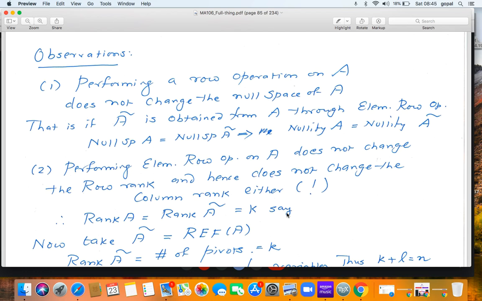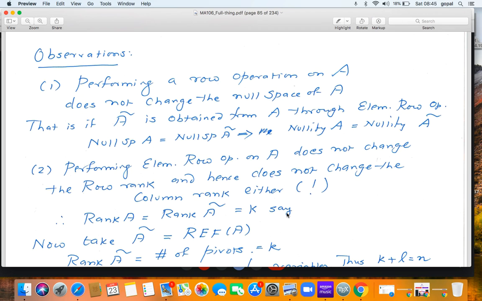It's completely the same. So suppose I obtain A tilde from A through a sequence of elementary row operations, then since Ax equal to 0 and A tilde x equal to 0 have the same sets of solutions, in particular, the null space of A is the same as the null space of A tilde, or the nullity of A is the same as the nullity of A tilde.